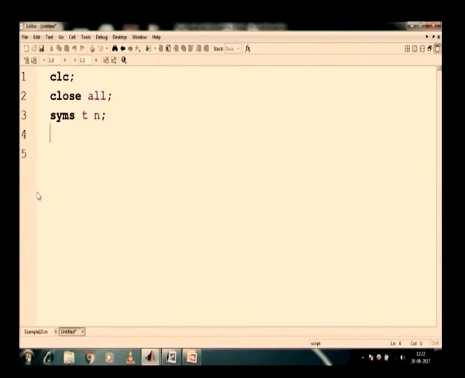Then initialize the period time equal to 4. Then give the omega naught value equal to 2 pi by t. Then I have taken the n value from 1 to 7.